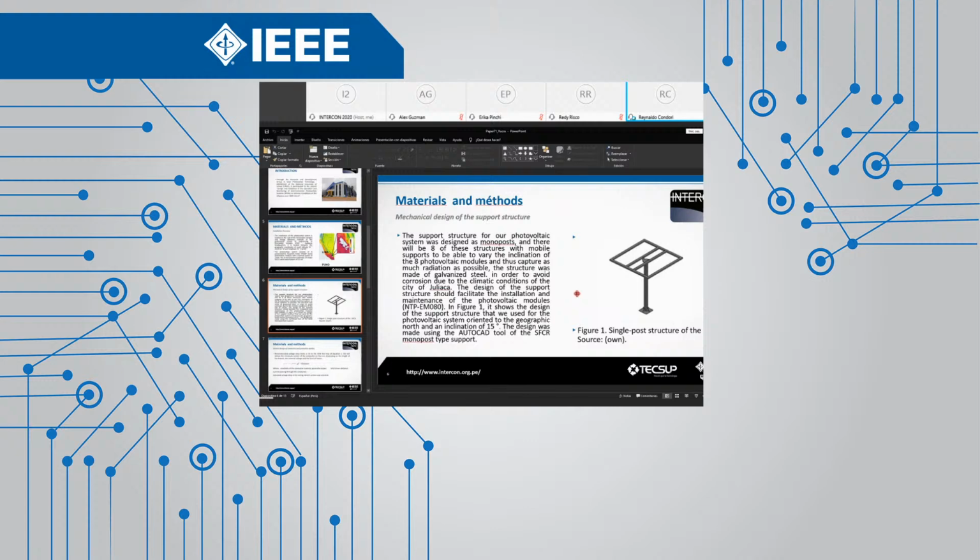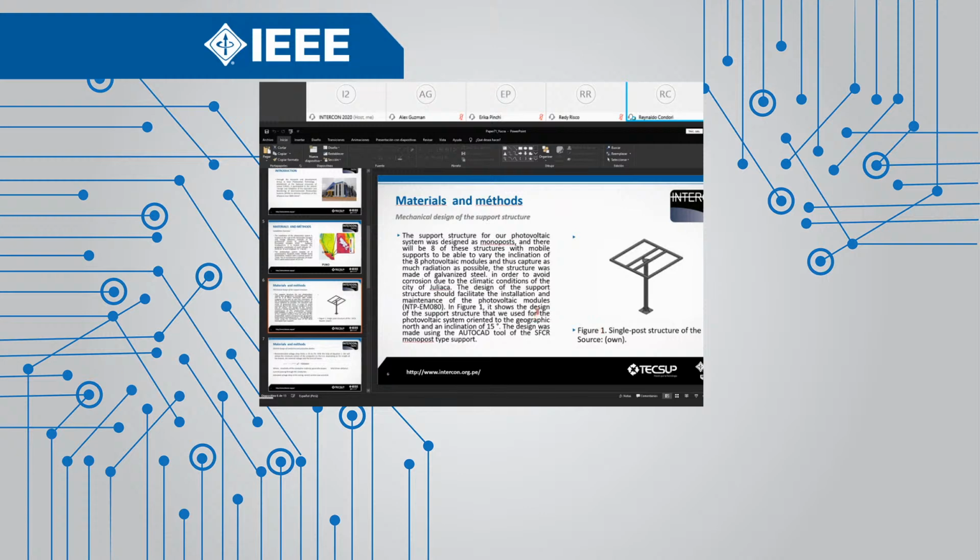The design of the superstructure should facilitate the installation and maintenance of the photovoltaic modules, per NTP standard, as in figure 1.